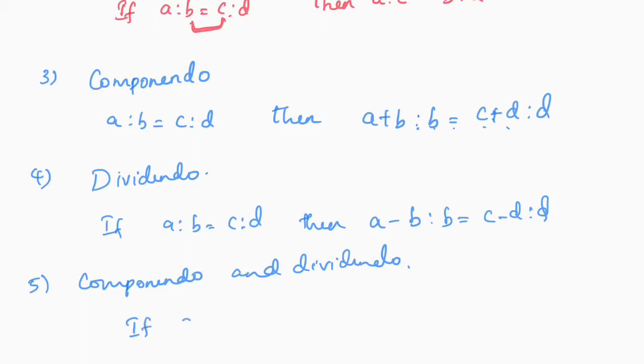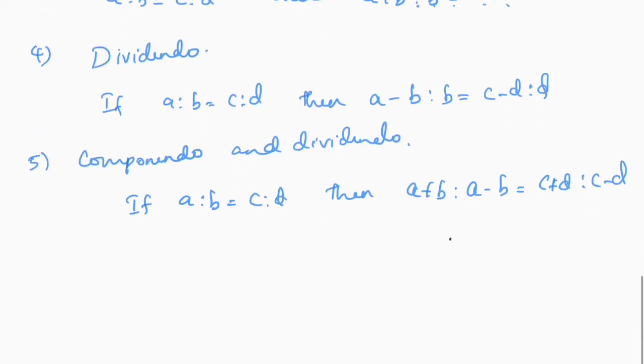So if A is to B equal to C is to D, then A plus B is to A minus B equal to C plus D is to C minus D. You can see the combination of componendo and dividendo here. That's the componendo and dividendo property. So these are the properties. Using these properties you will be solving a few problems. Let us see how to use these properties in our problems and solve them. So, coming to exercise 7C.